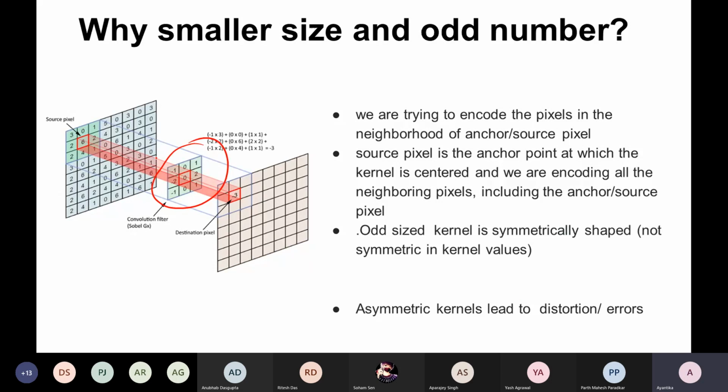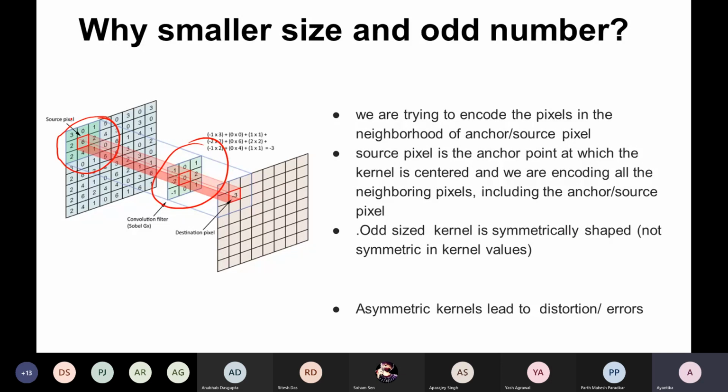This is the reason for odd numbers: we are trying to encode the pixels in the neighborhood of the source pixels. You don't know exactly how many pixels support the exact feature, but you focus not only on the exact feature pixels but also on the neighborhood.